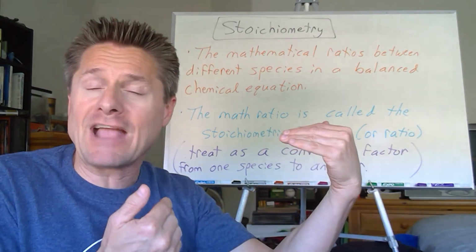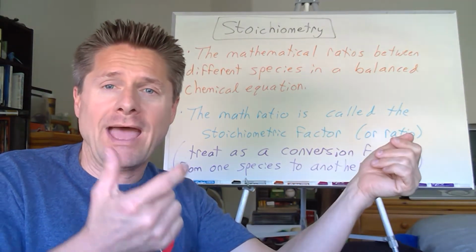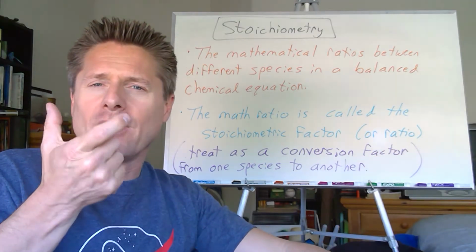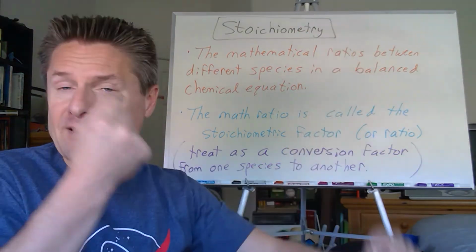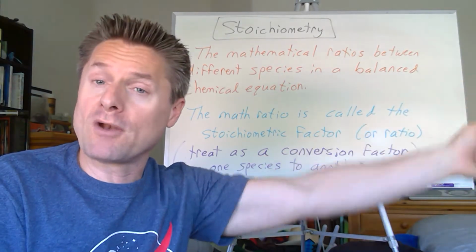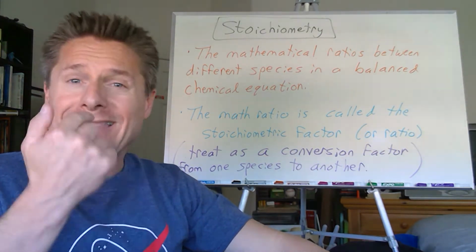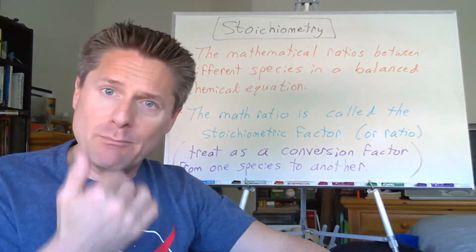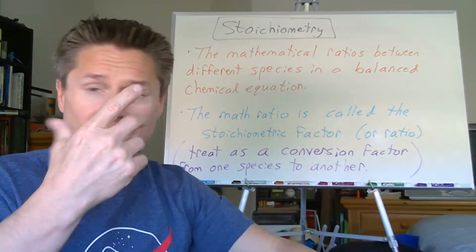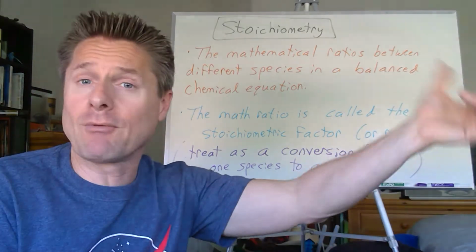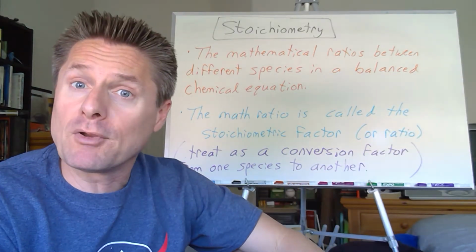Like in the combustion reaction we did in the last one, we had, I think it was butane on the left-hand side reacting with oxygen, giving you carbon dioxide and water. So I could take a certain amount of butane, and knowing that stoichiometric factor between butane and, say, carbon dioxide, I can say, well, if I take 5 grams of butane, how many grams of carbon dioxide would I produce?